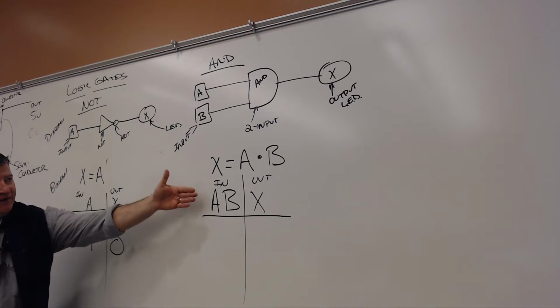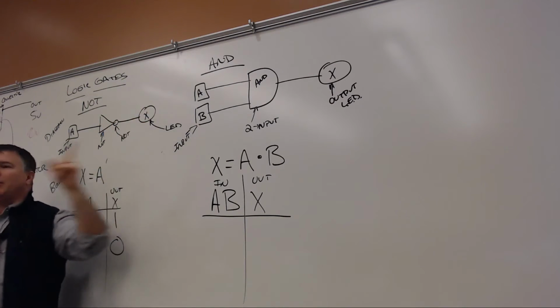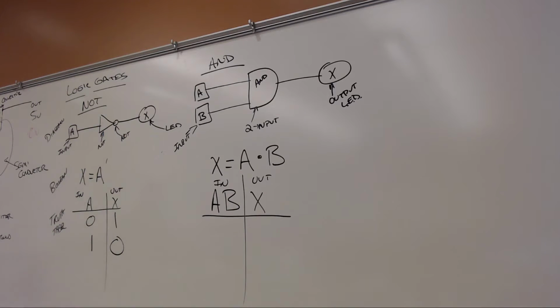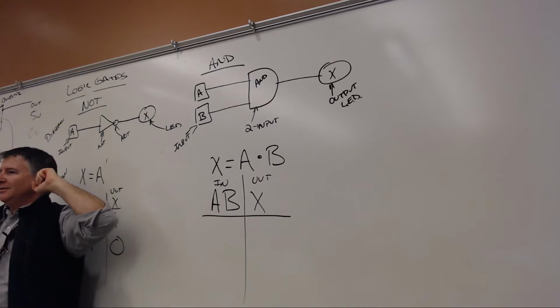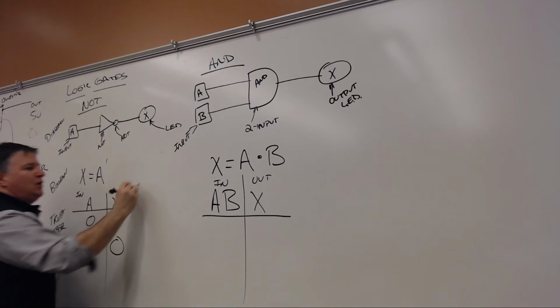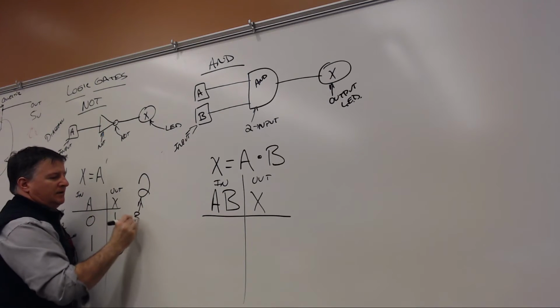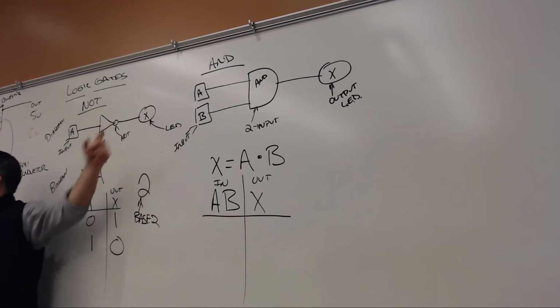In here I only have 2 inputs. So if I have 2 inputs and each input can hold a state, either a 0 or a 1, how many different states can my overall gate hold? 4. 2, because it's base 2, to the 2. That 2, all right, that's my base 2. Each input can only hold 1 of 2 states.